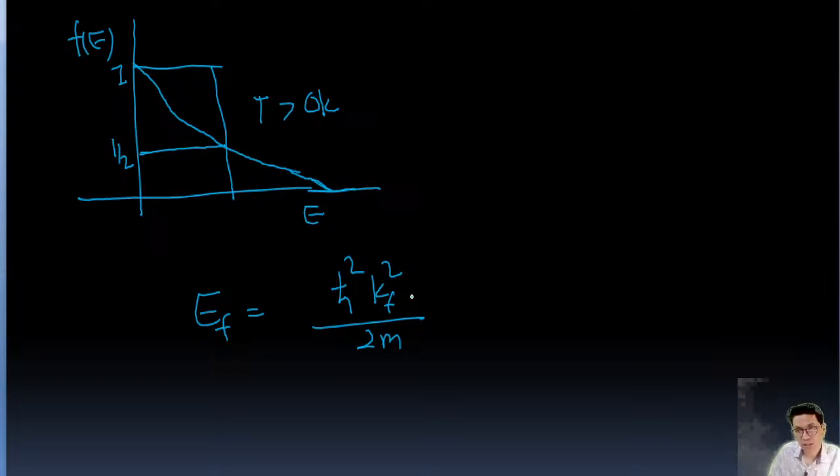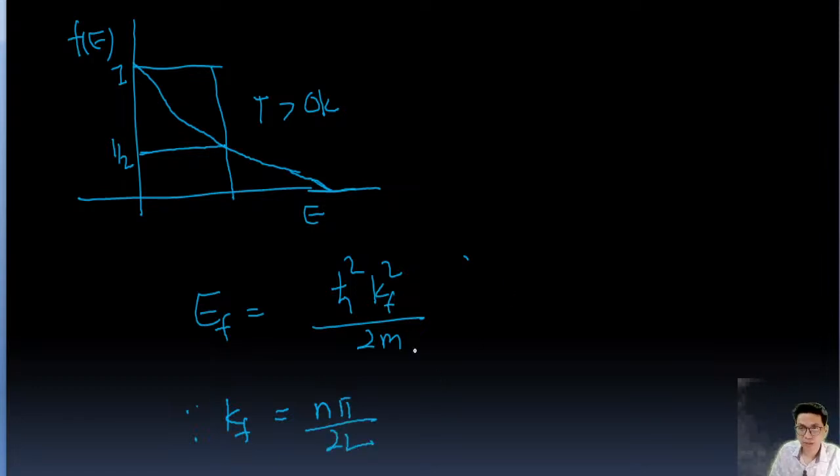Here kf is the Fermi wave vector, and the value of kf is going to be n pi upon 2L.